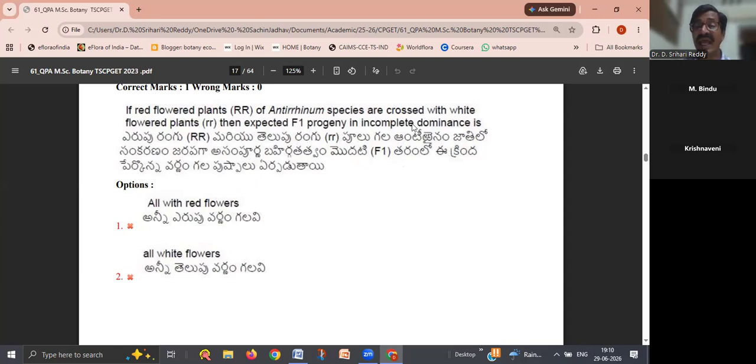But here, if the capital R is dominant, then the phenotype should be red color. Okay, but here it doesn't show the red color. Instead, it shows the medium color, pink color or purple color. So that means there is incomplete dominance.